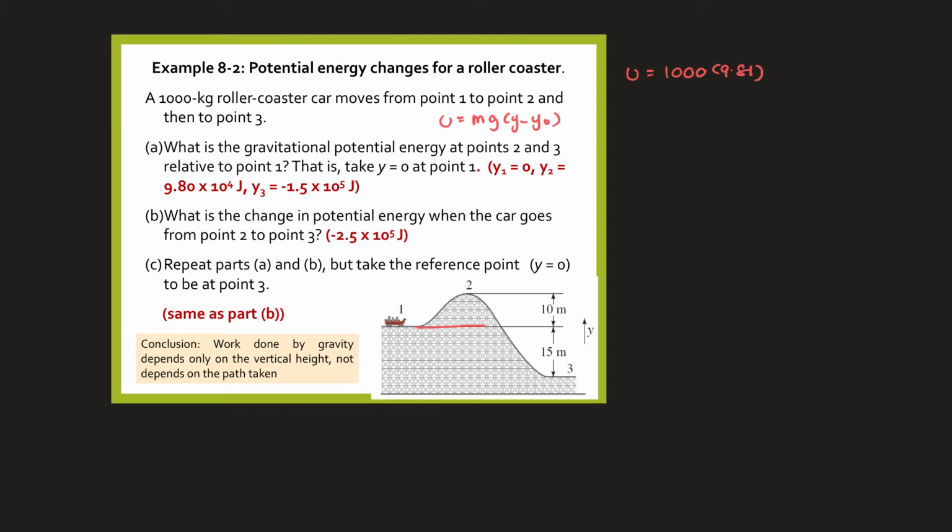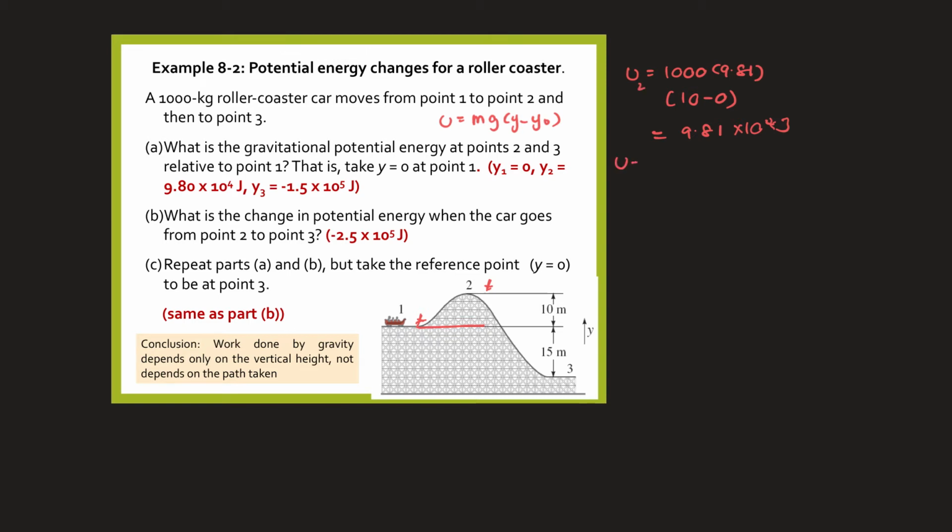You are not going to put negative or positive on the 9.81, just the number only. And your y is going to be 10 minus 0, so you are going to get your answer as 9.81 times 10 to the power of 4 joules. That is point 2.